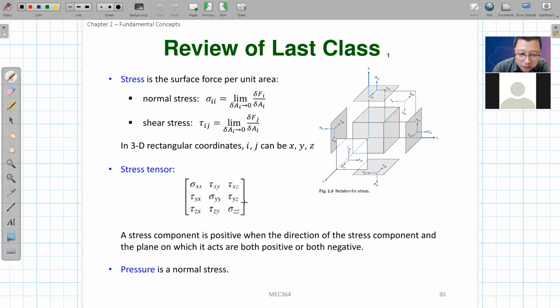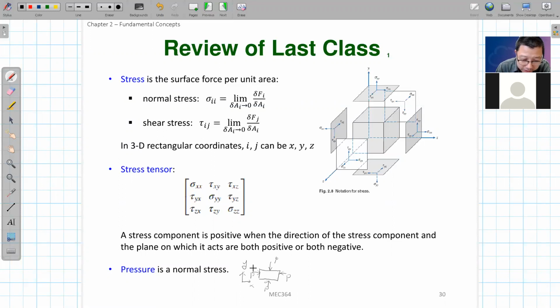So let me give you an example. I'm using pressure as an example. Consider a 2D case. This is a fluid element, this is x, and this is y. The fluid will receive a pressure force from the top, from the left, from the right, from all places.